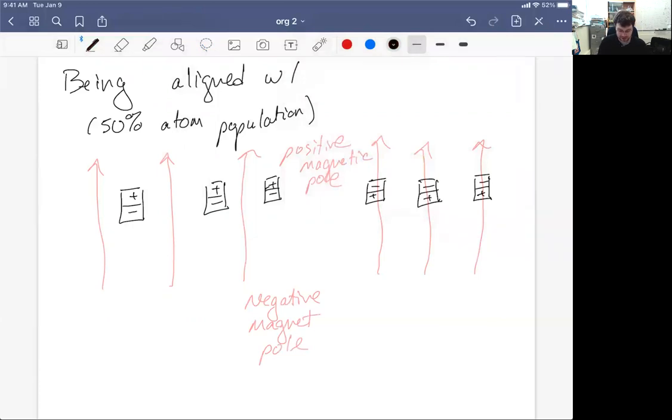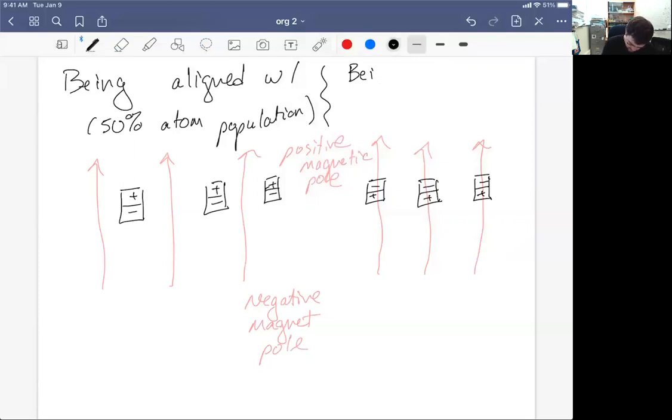So, unfortunately, we just have to accept at this stage in the game that spinning charges create magnetic fields. And if you put those in the presence of a large magnetic field, for some reason, not all of them align, okay? Instead, 1/2 are aligned with and 1/2 are aligned against.